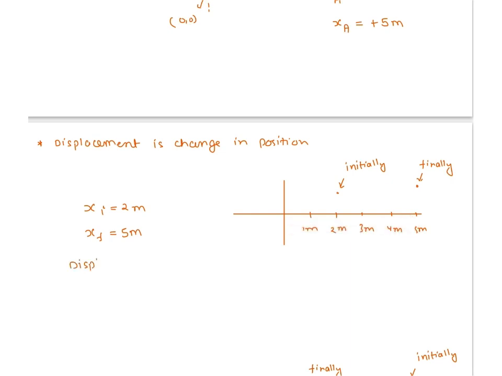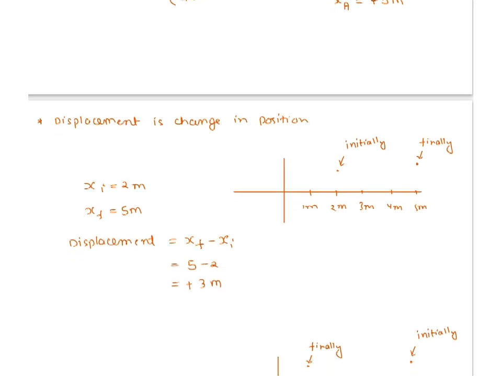Now, what is displacement vector? Displacement vector is change in position, that is x final minus x initial. X final is 5 meter minus x initial is 2 meter. So it comes out to be 3 meter. So of course, displacement is vector quantity.